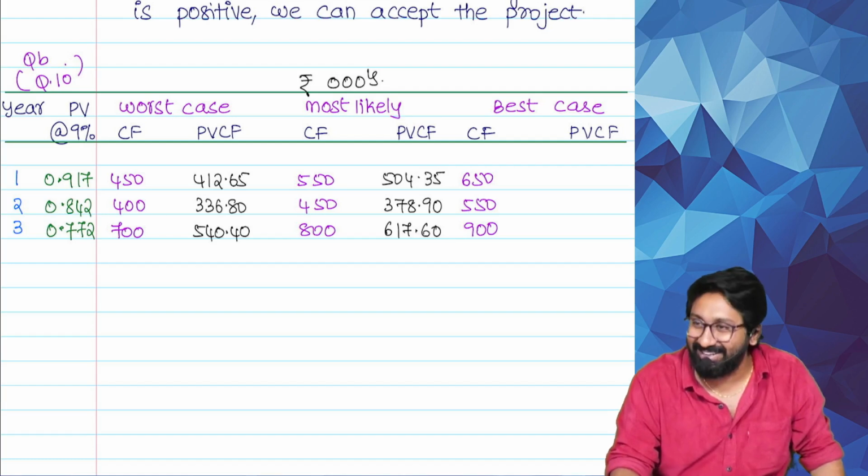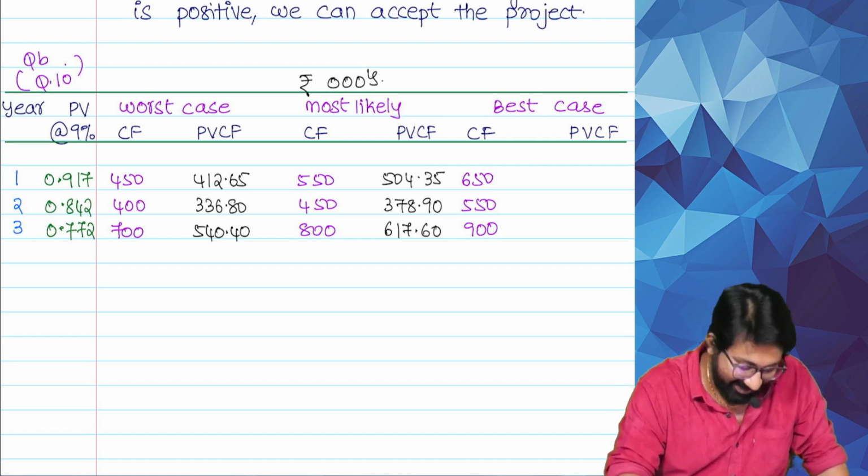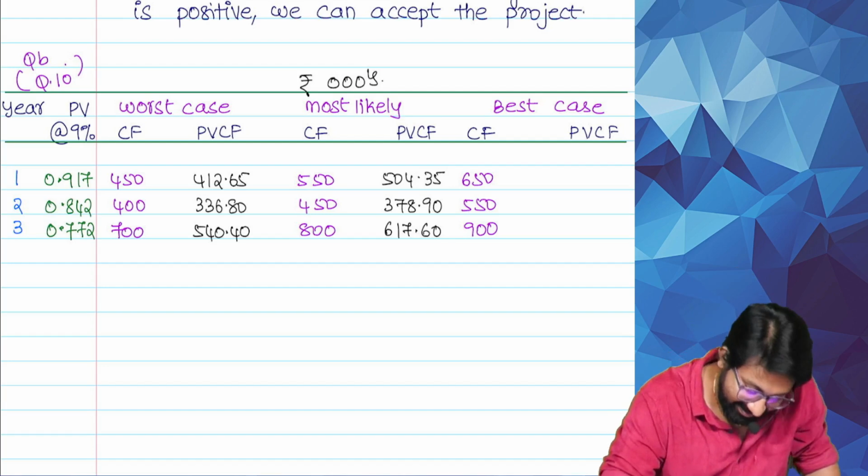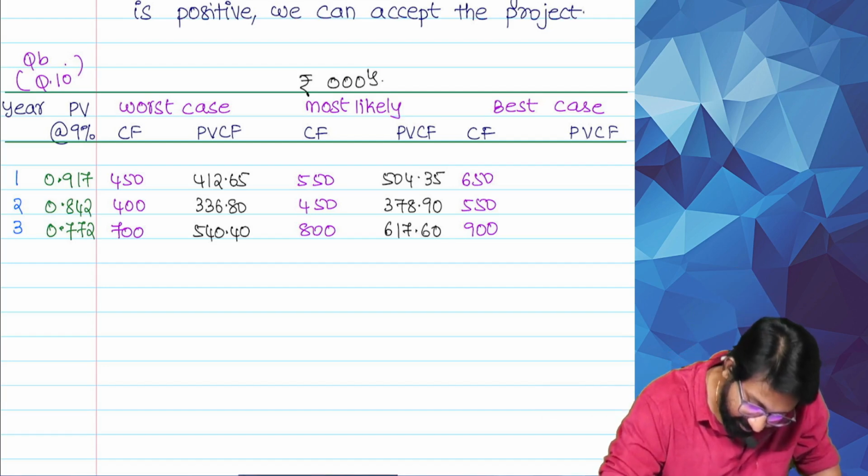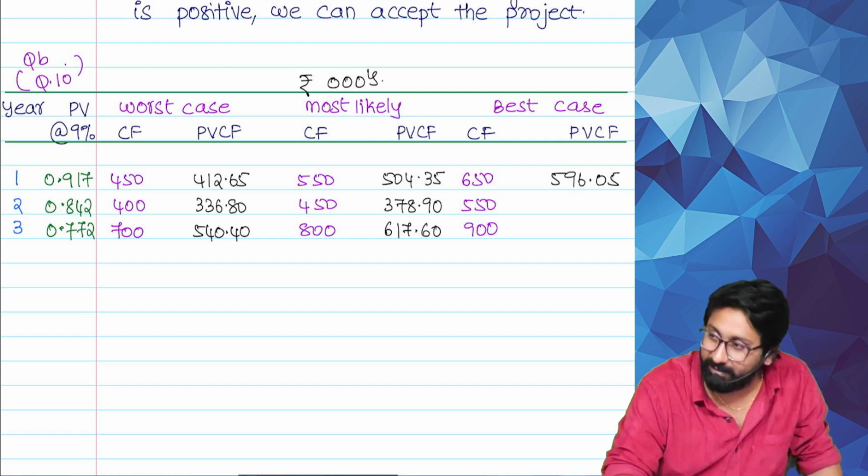Next, last one. 650 into 0.917, 596.05. Then 460.